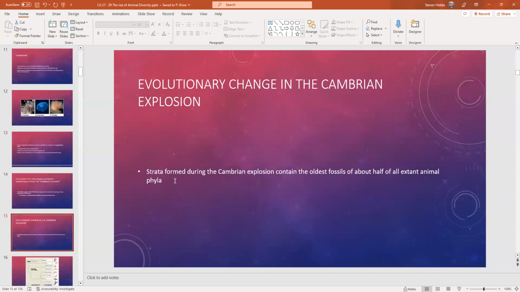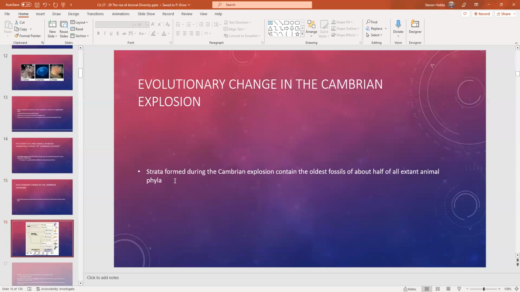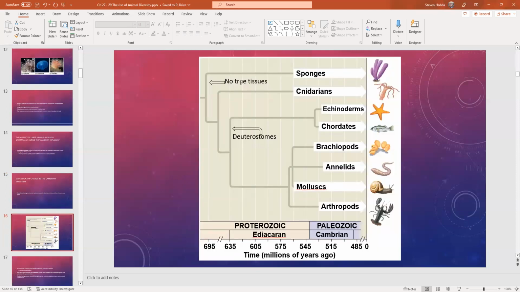So the strata that was formed during the Cambrian start showing the oldest fossils for half of all of the extant animal phyla, which means half of the animals that are alive now found their fossils showing up right here in the Cambrian Explosion. So, for example, we see the no true tissues during the early portion of the Proterozoic.